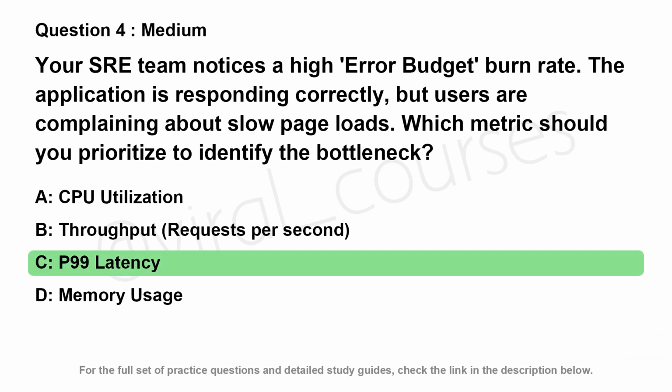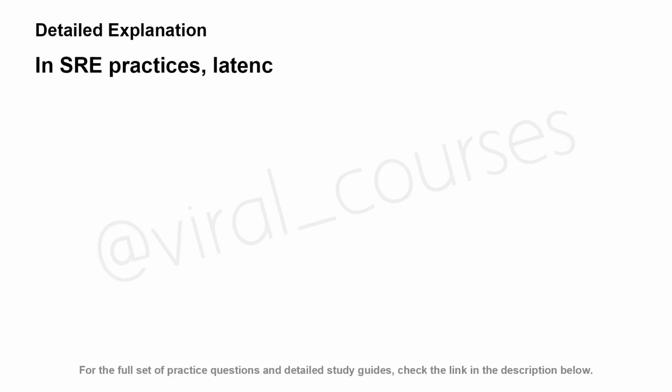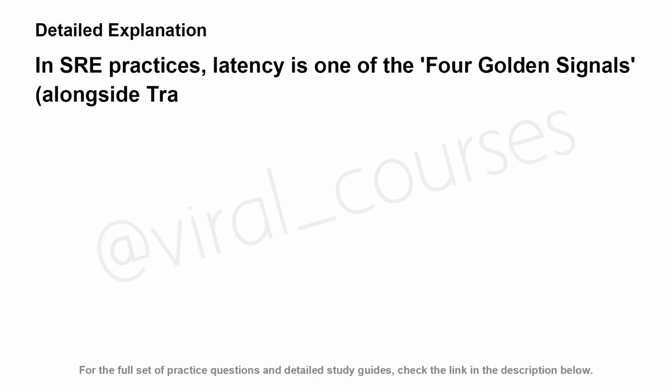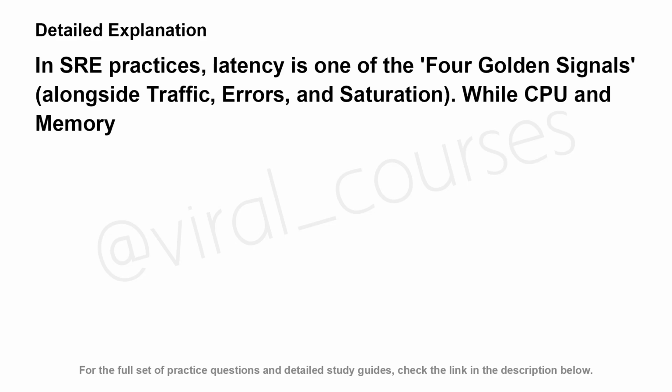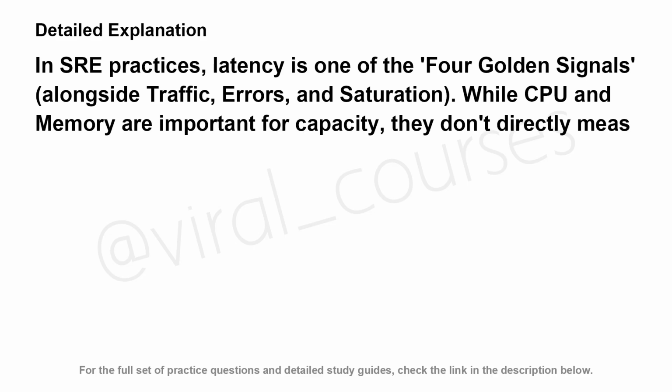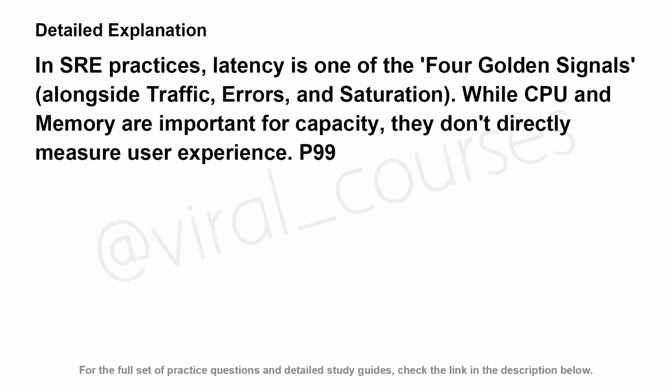The correct answer is C. In SRE practices, latency is one of the 4 golden signals, alongside traffic, errors, and saturation. While CPU and memory are important for capacity, they don't directly measure user experience.